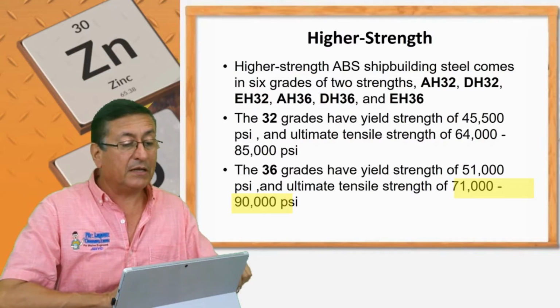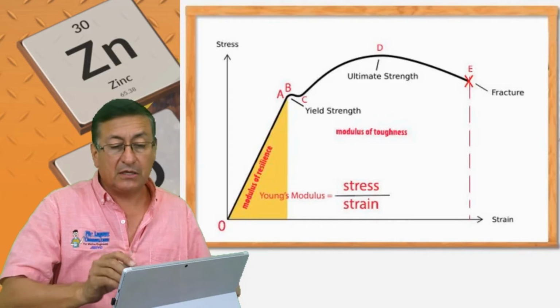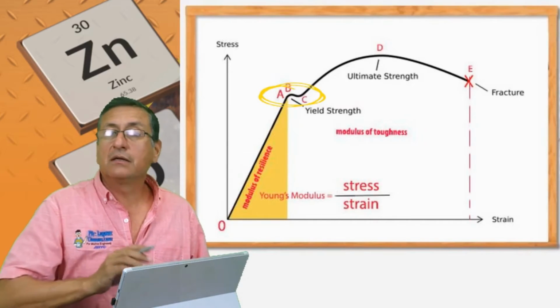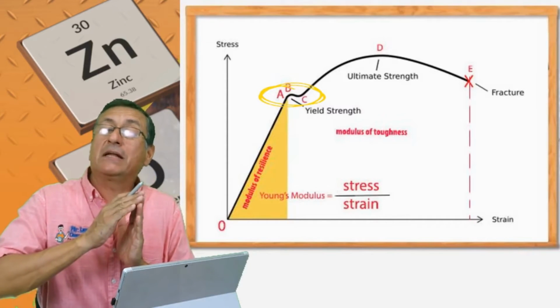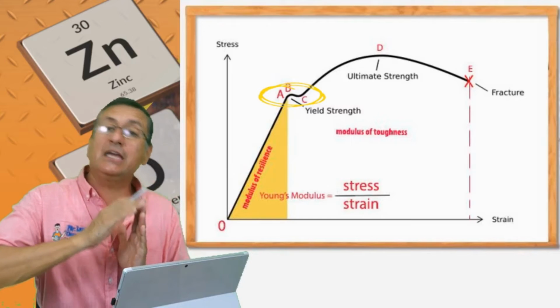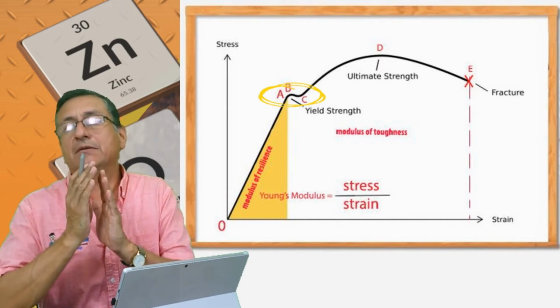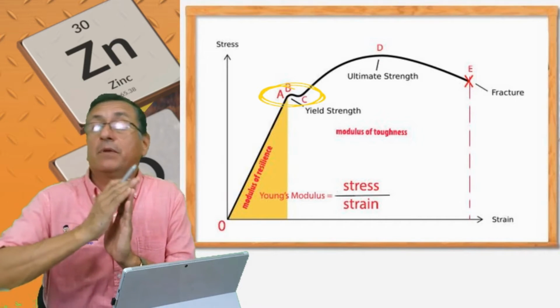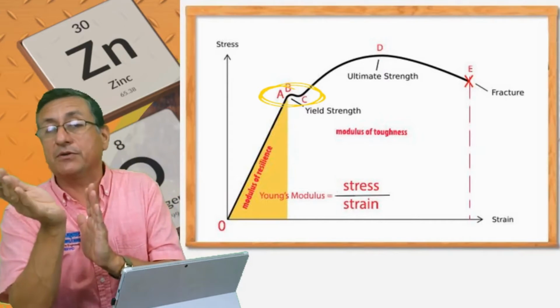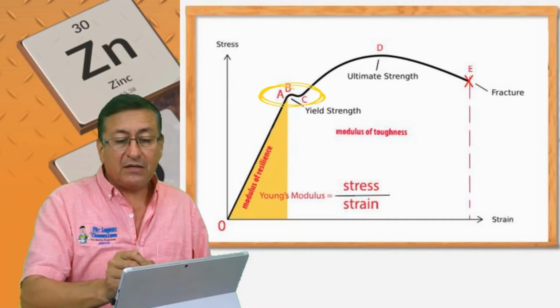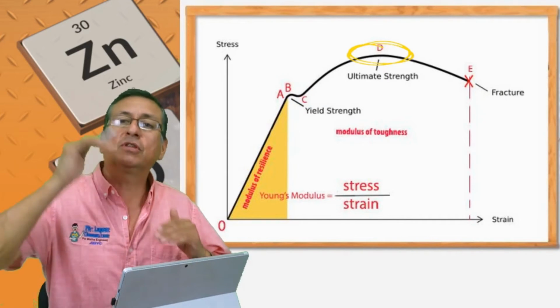Remember, this is the yield point, the moment where the material passes from the elastic area into the plastic area, the moment where the material passes from elastic deformation into permanent deformation, and this one is the maximum tensile strength.